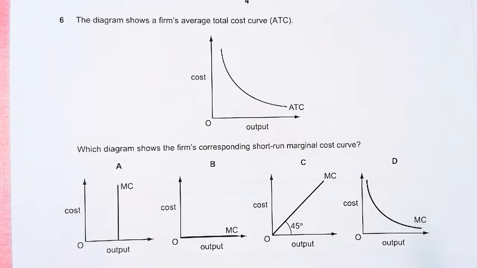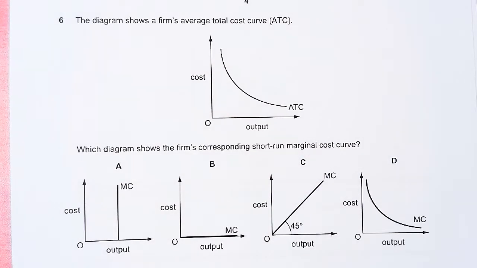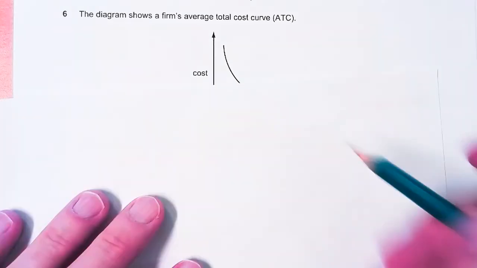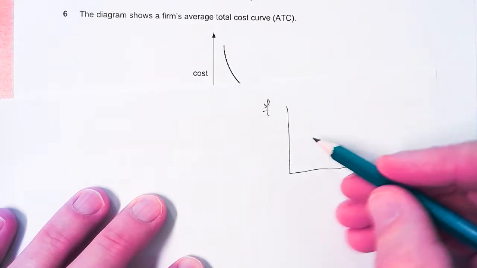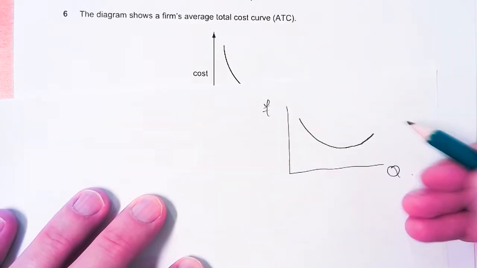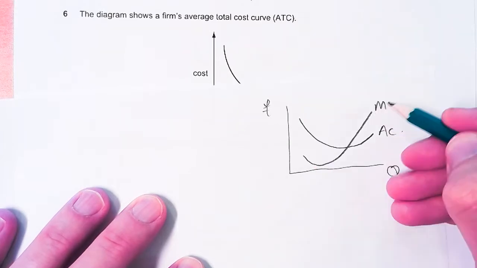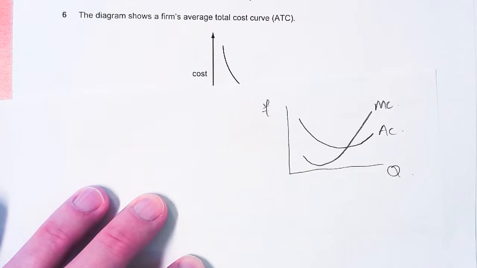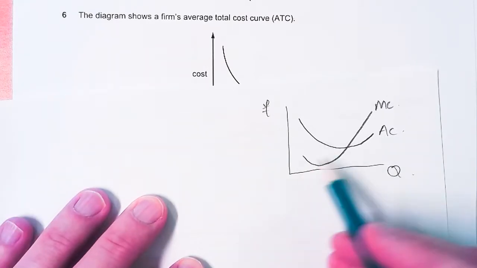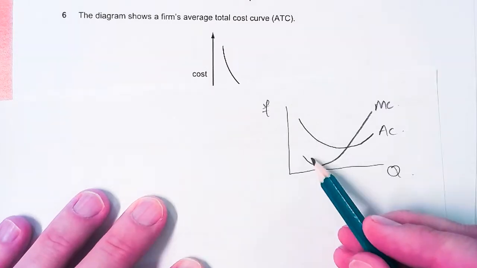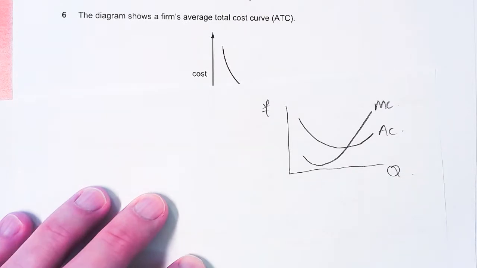We're very used to seeing almost like hockey stick style marginal cost curves, and you'd normally expect on your business economics diagrams to have your average cost looking something like that, and then your marginal cost would run through the bottom like so. Remember the relationship between these. Firstly, the marginal cost helps bring down the average total cost, and then the marginal cost brings up the average cost. Okay, so that's really important.